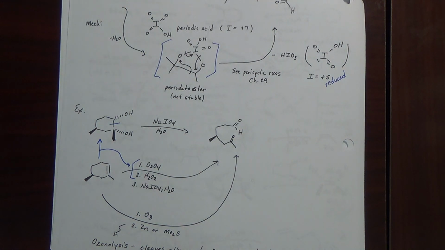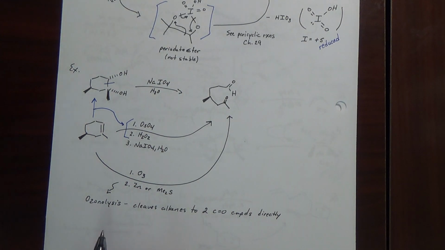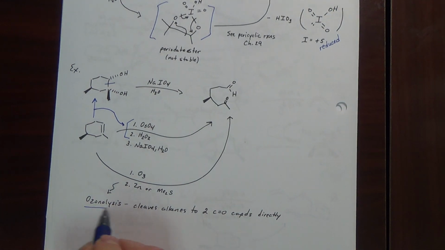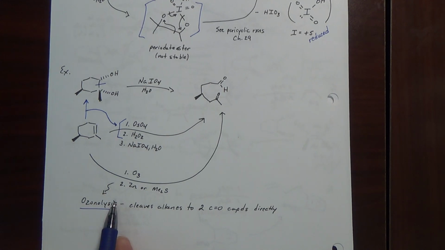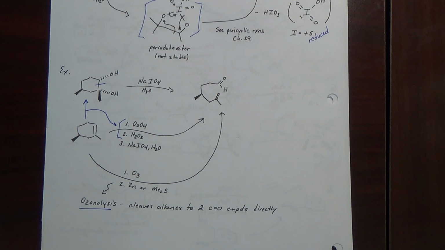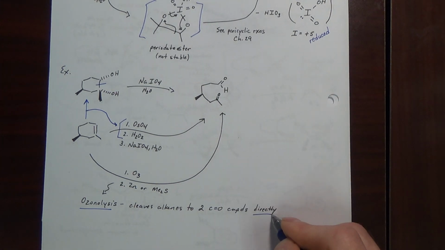Okay, next reaction. The next reaction we're going to look at is ozonolysis using ozone, O3. All right, ozonolysis. Now, with ozonolysis, you begin with an alkene, and you cleave to the two carbonyl compounds directly.